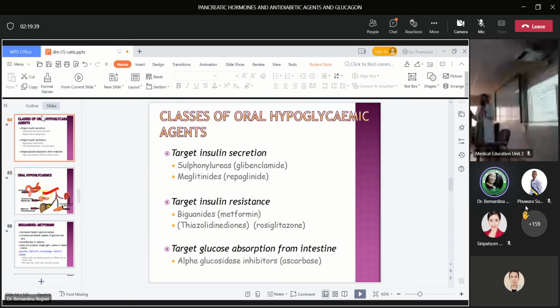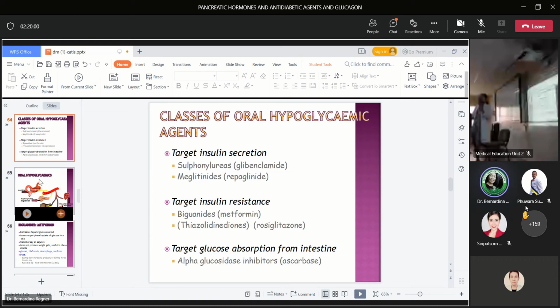Those that target glucose absorption from the intestine, inhibiting glucose absorption in the gastrointestinal tract, are your alpha glucosidase inhibitors, exemplified by acarbose.